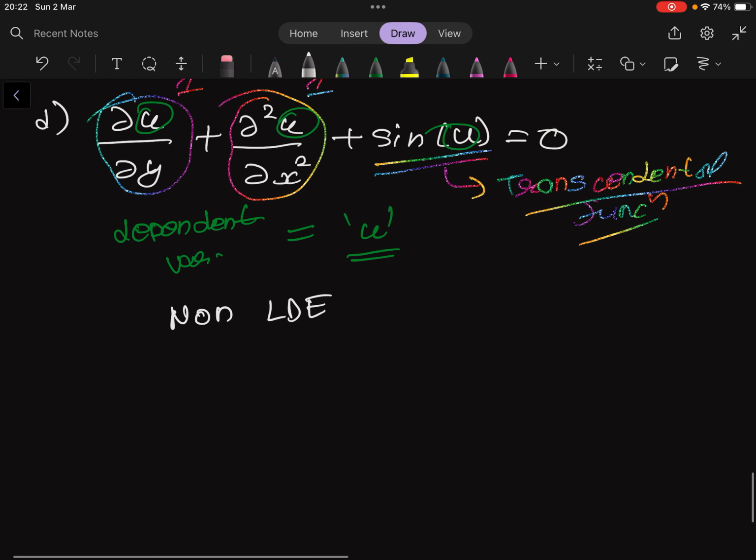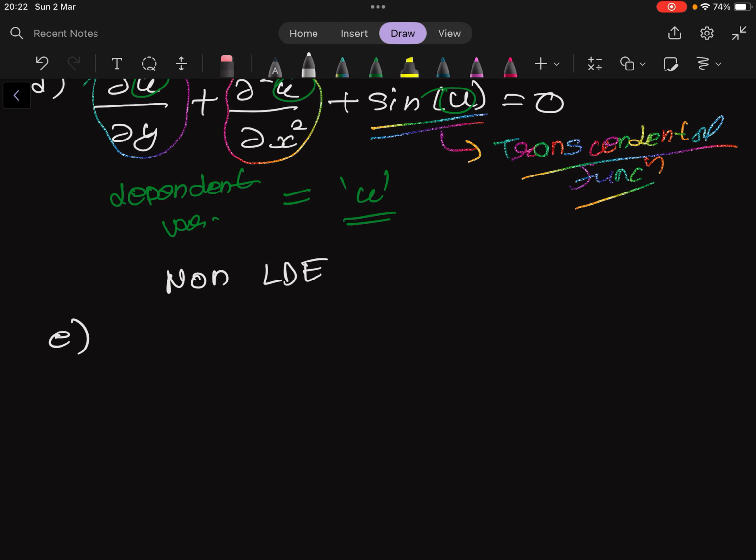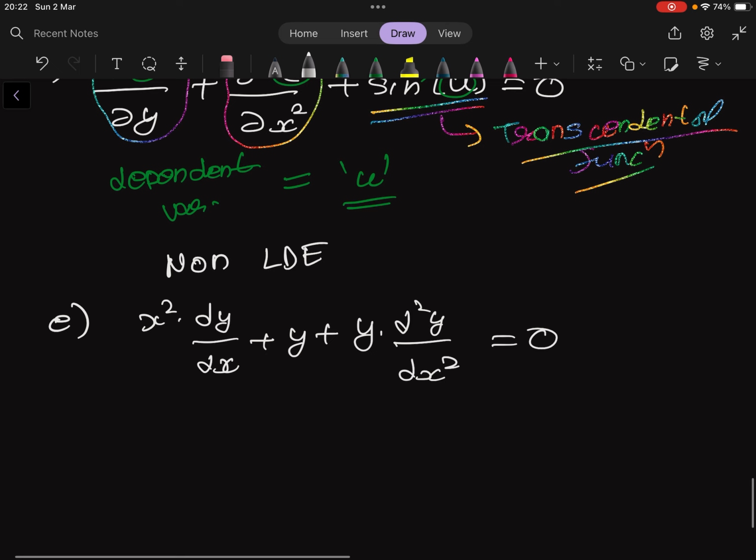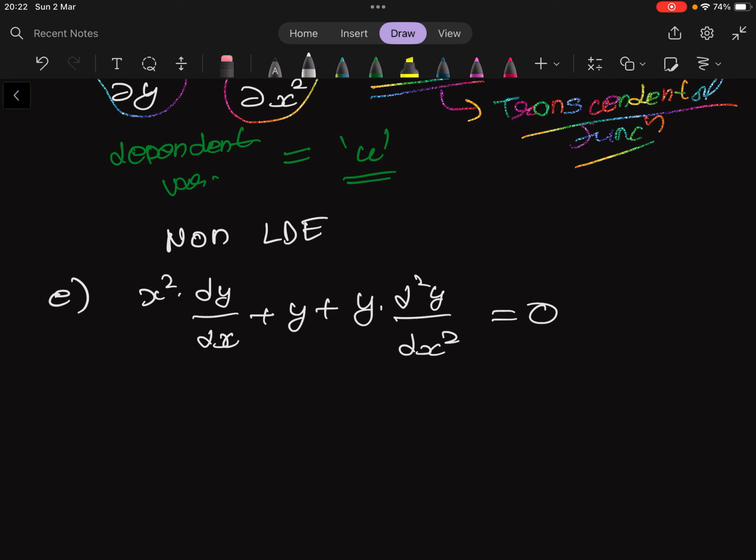Let's move to another example, example E: x square times dy by dx plus y times d square y upon dx square equal to 0. What is the dependent variable in this case? y is the dependent variable. Now let's find the power. The power is 1 here, and 1 here.